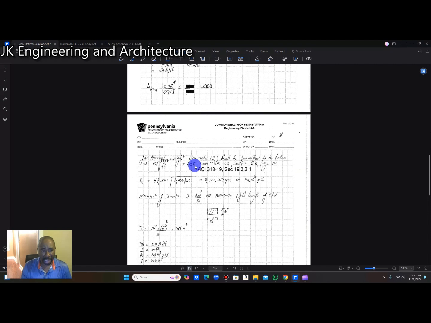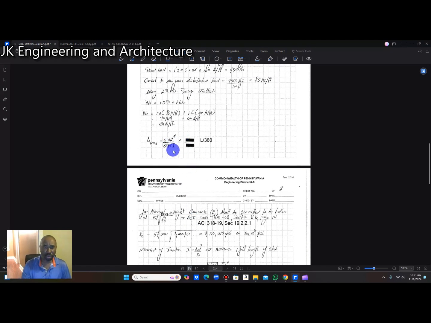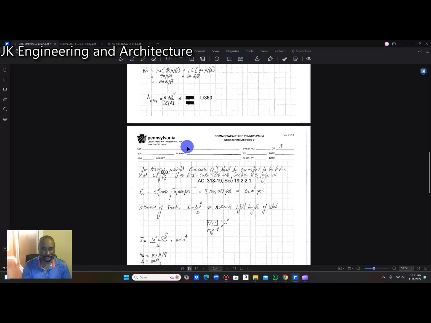Now, having established that, we're going to find out each of these components. We calculated the weight already, we know the length, and we have 384. So we now need to determine the elastic modulus of concrete, and I, which is the moment of inertia.